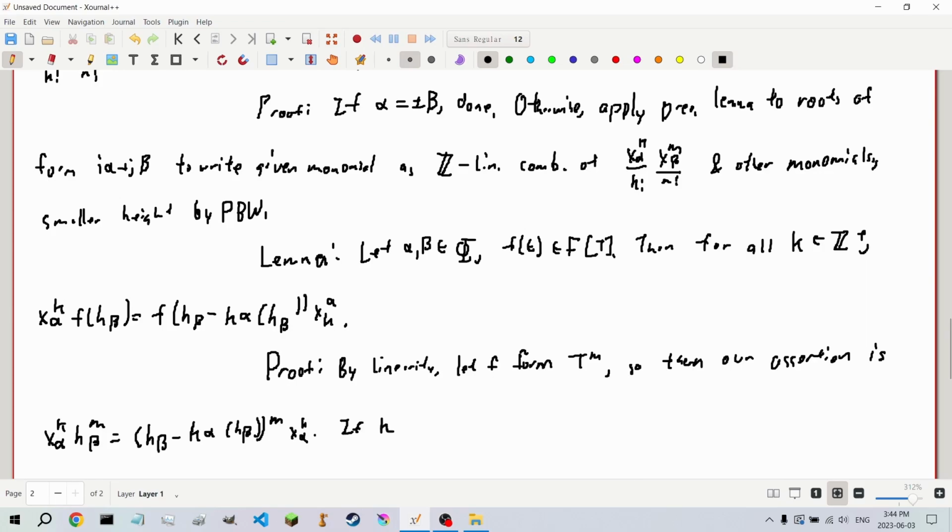If k or m equals 0, then of course we are done.